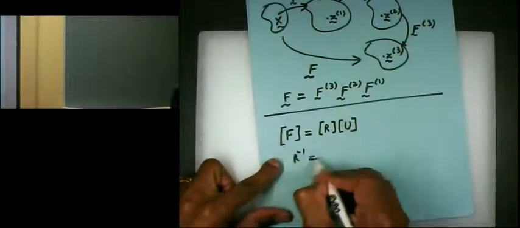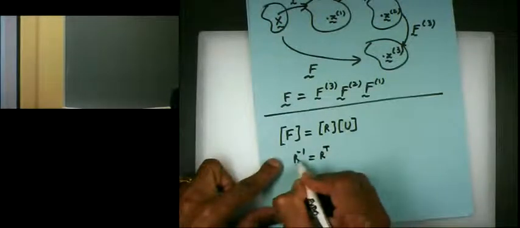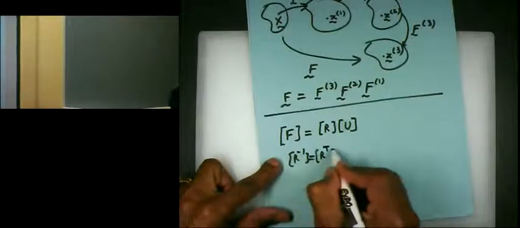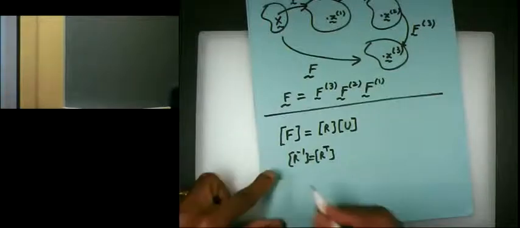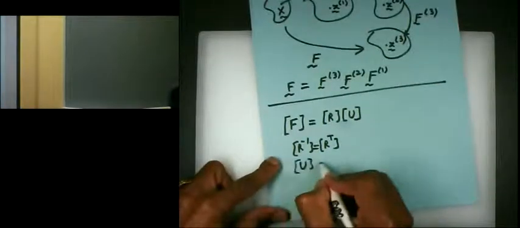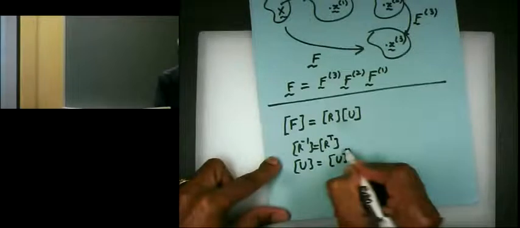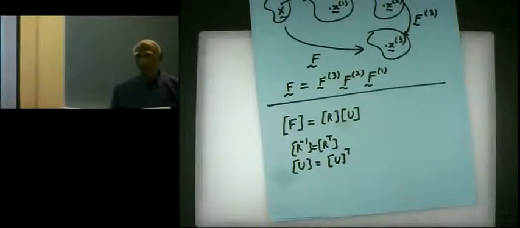R is orthogonal, which means R inverse is R transpose. And U, here, matrix U is symmetric. So U equals U transpose.